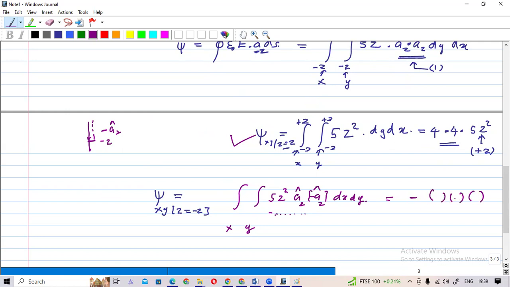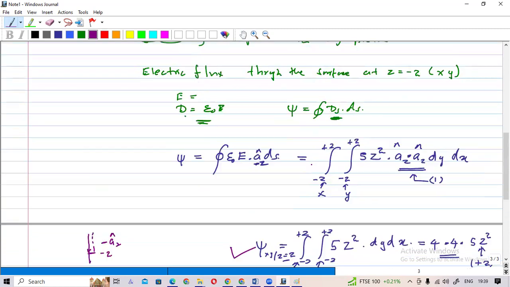Minus this value. Then to find the total flux, you need to add them together. So you will have 0. So the answer should be 0 here.